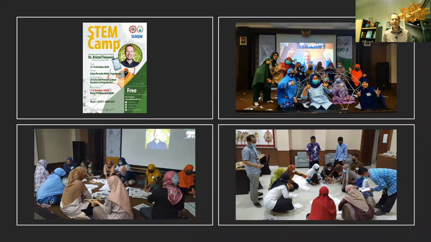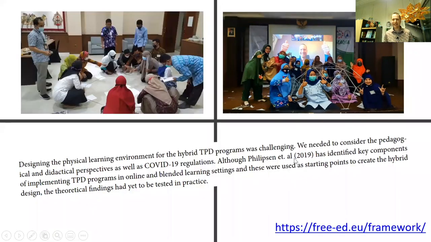So you can see how this setting made it possible to make even this kind of geometric construction. This was made of newspaper. This is called a geodesic dome in mathematics, in science and in engineering. So even this kind of activity was possible.